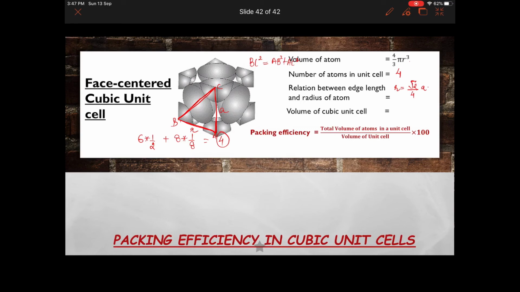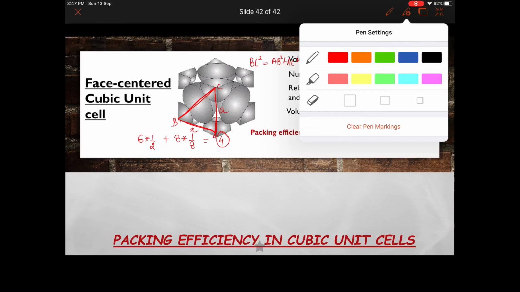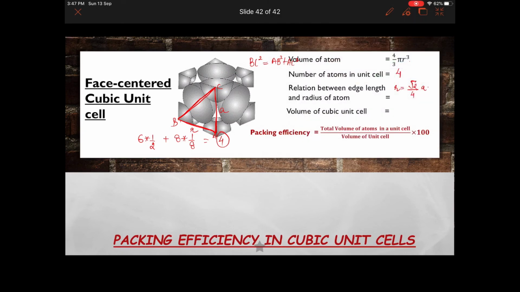This is root 2 by 4A, R is equals to root 2 by 4A. And I particularly remember I had told you there also कि यहाँ पर इस 4 को, we can just mention this 4 as root 2 into root 2 into root 2 into root 2.